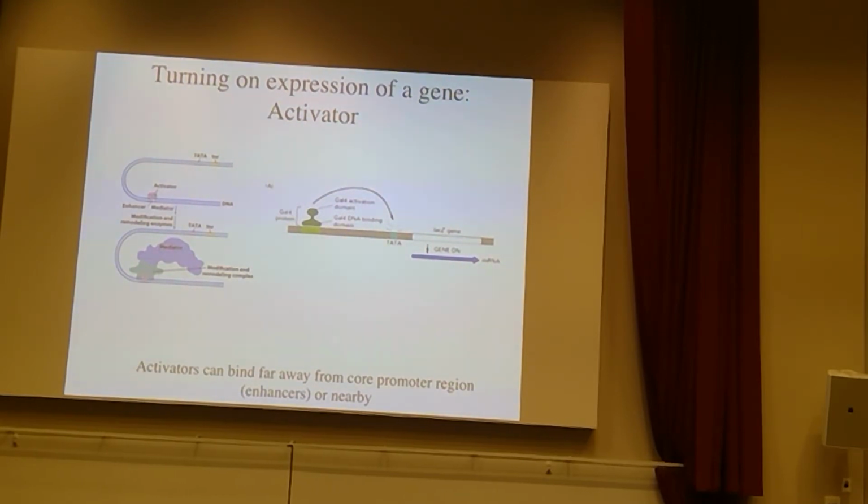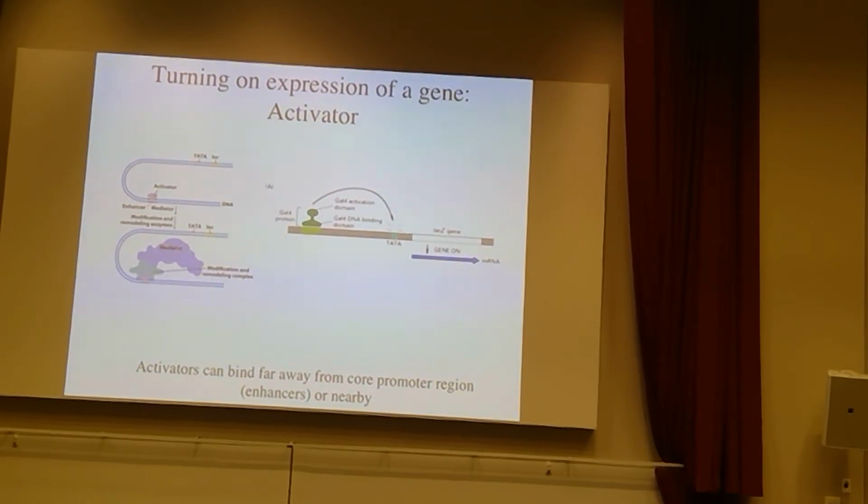Activator regions can be really far removed from that core promoter region. Here's one example of an enhancer element that's binding to an activator protein really far away, and it's actually bending the DNA and allowing this so-called mediator complex, which we'll take a closer look at later on in the semester.